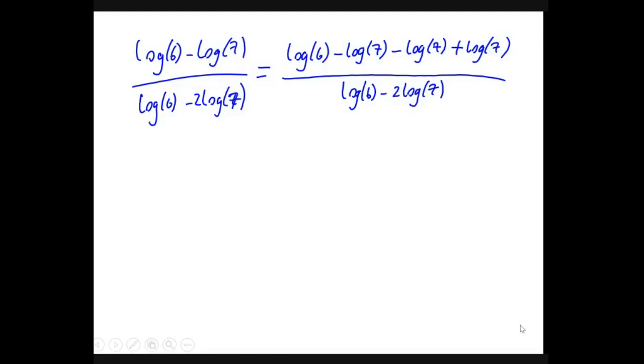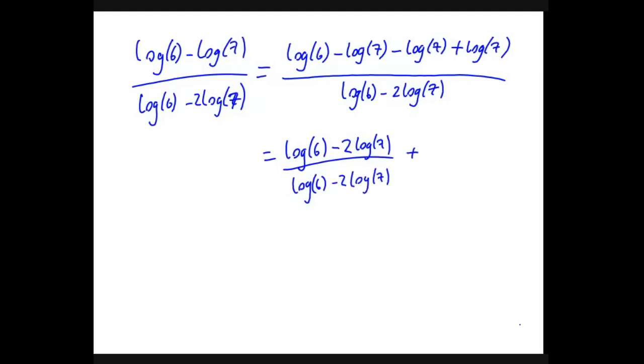So you could do that. What I've done is I've taken away log 7 and added log 7. Then what I end up getting is log 6 minus 2 log 7 over log 6 minus 2 log 7, plus log 7 over log 6 minus 2 log 7.